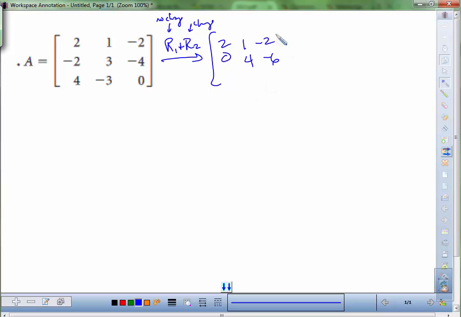And then since I have room over here, I can do this in another step as well. So I'll do this in the same step. This time I'll need to multiply by negative 2. I'll take row 1 and multiply that by negative 2, and I'll add it to row 3.